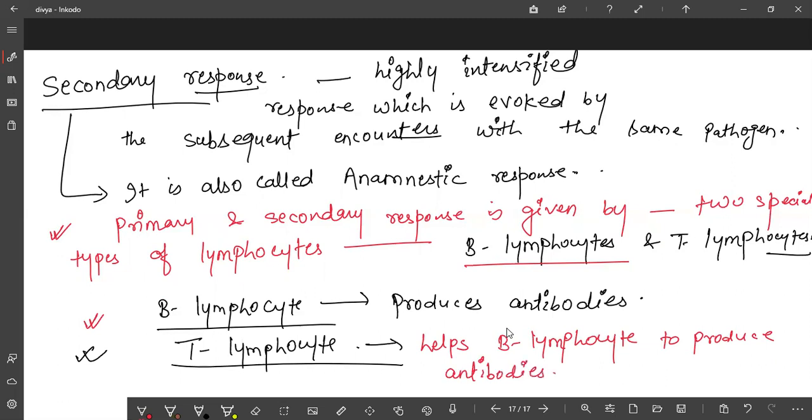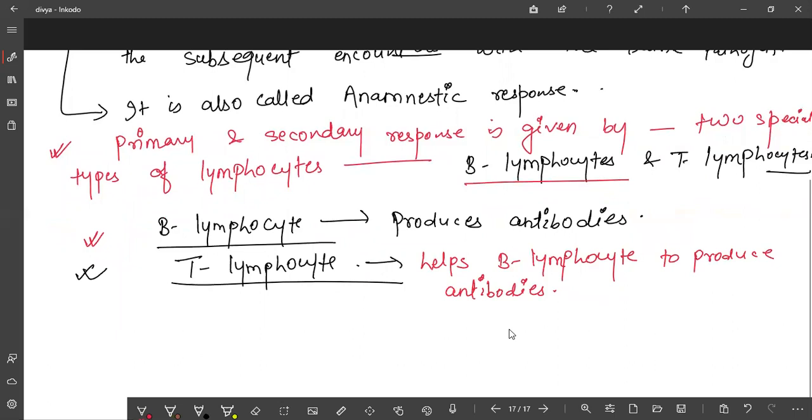So the function of B and T lymphocyte is clear to you. Without T lymphocyte, B lymphocyte will not be able to produce antibodies. Is it clear to you? So these are basically the functions of B lymphocytes and T lymphocytes.